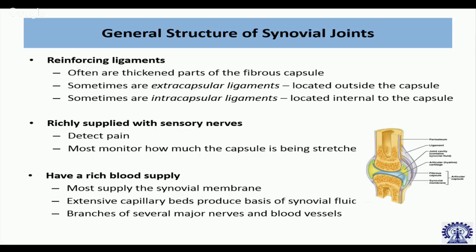The synovial joint is richly supplied with sensory nerves. It can detect pain and mostly monitors how the capsule is being stretched. It also has a rich blood supply.